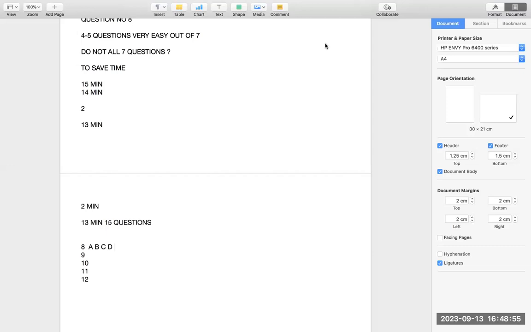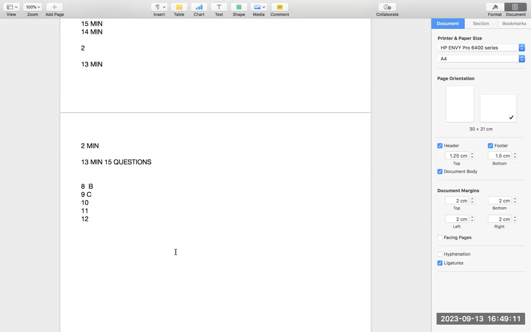So it will save your time, because this reading part A is all about skimming and scanning. Suppose I can understand that question number 8 is in B, then I am saving 5 seconds. If question number 9 I can trace to C, then I am again saving 5 seconds.